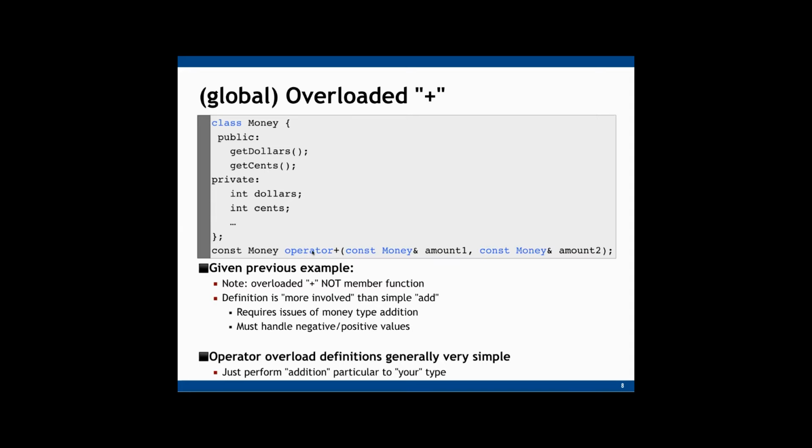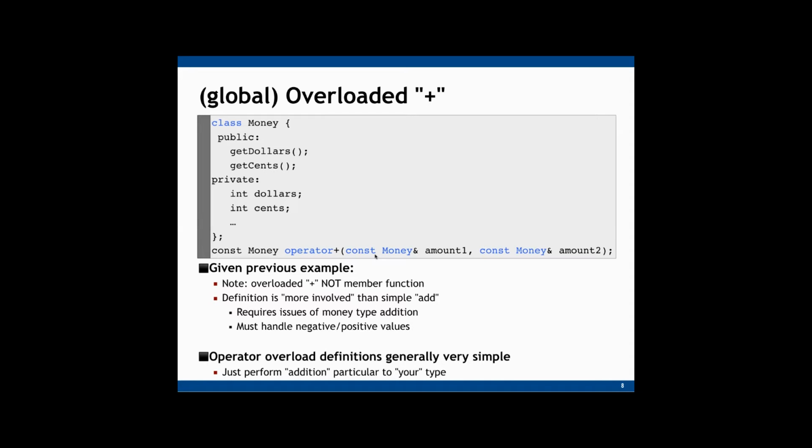And because this overloaded operator is not a member function of this money class, it cannot directly access the dollars and cents member variables because they are private. We could overload the operator as a member function. Whether you overload the operator as a member function or non-member function, each way of overloading an operator has its advantages and disadvantages. We will look at overloading operators using member functions in the following sessions.